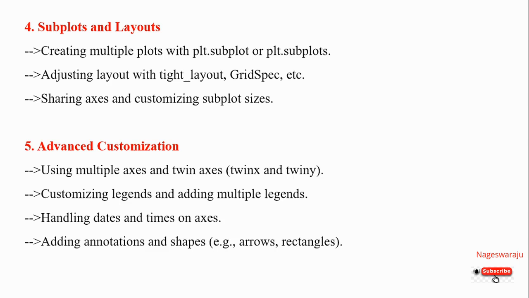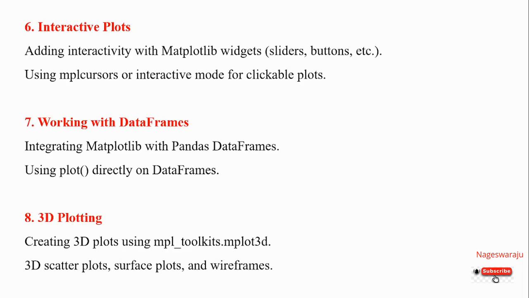Okay, handling dates and times. By using dates and times, we can handle the entire axis data and plotting functions. Adding annotations and shapes. We need to assign a shape for the particular figure, and annotations also. Annotation means we need to assign the design part for the particular figure.